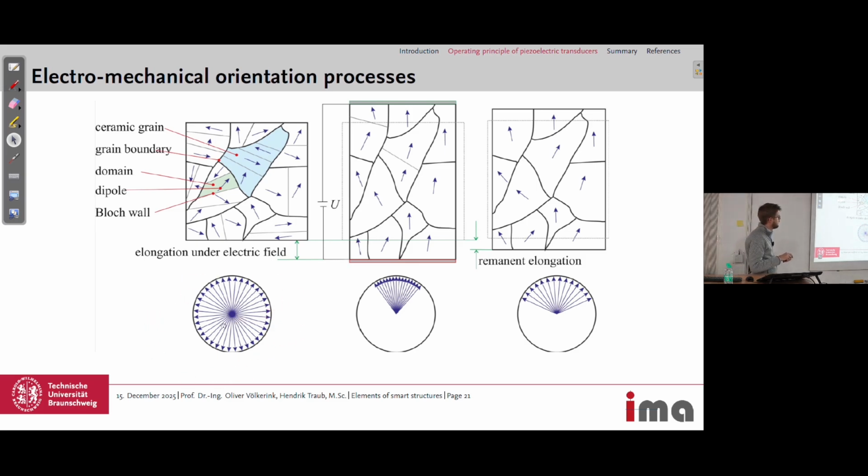And then if we apply the field, we have a strong orientation in one direction. And if we remove the field again, then we lose a bit of this orientation again. Describing this polarization process with these circle diagrams could also be a nice question for the exam, I think.